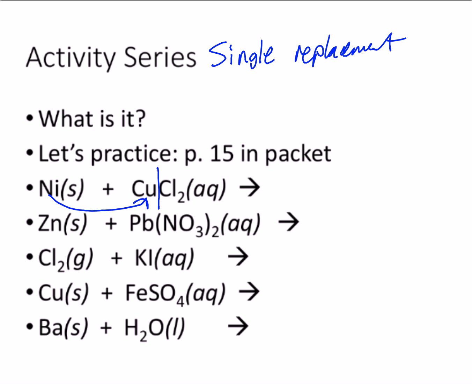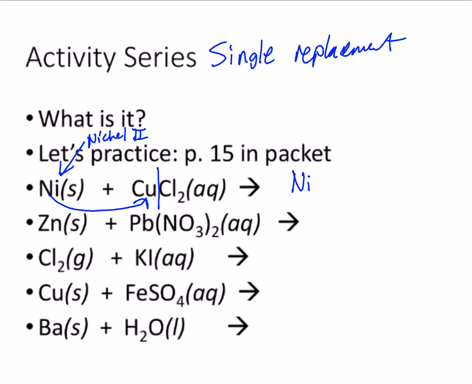So, what are our new products going to be? This is reaction prediction right here. Now, part of this, it doesn't tell us, guys, what nickel is, and nickel has more than one charge. So we're going to say it's nickel 2. So, nickel 2 chloride.